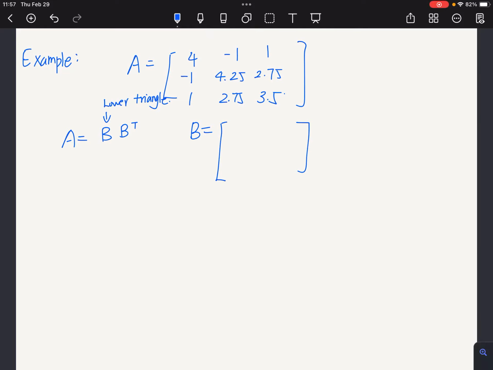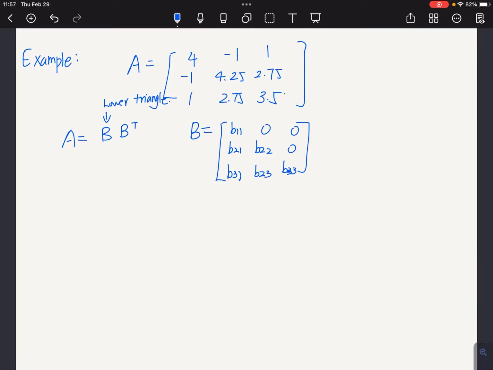Because it is lower triangular, I'm going to name the elements B11, B21, B31, and then B22, B32, and B33. And all the things above the diagonal are just zeros, because this is a lower triangular matrix.